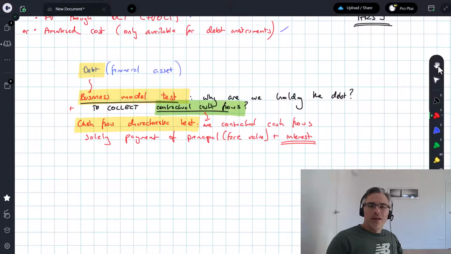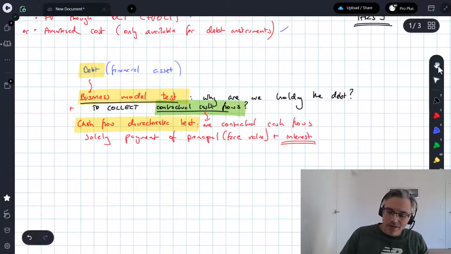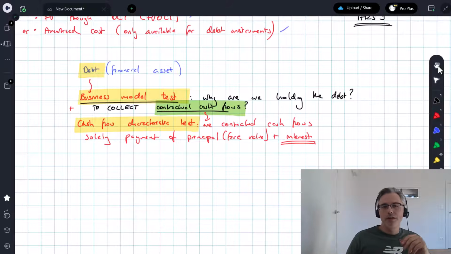Well, that becomes a completely different play, because this bond, even though it pays you something which is technically called interest, that interest is computed in a way where it actually goes against the principle of compensating you for the time value of money over time, and that wouldn't classify as a bond that meets the cash flow characteristic test.